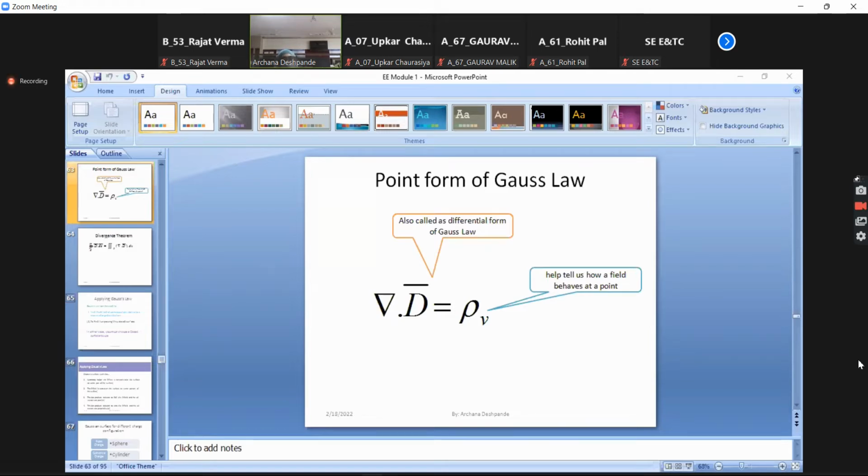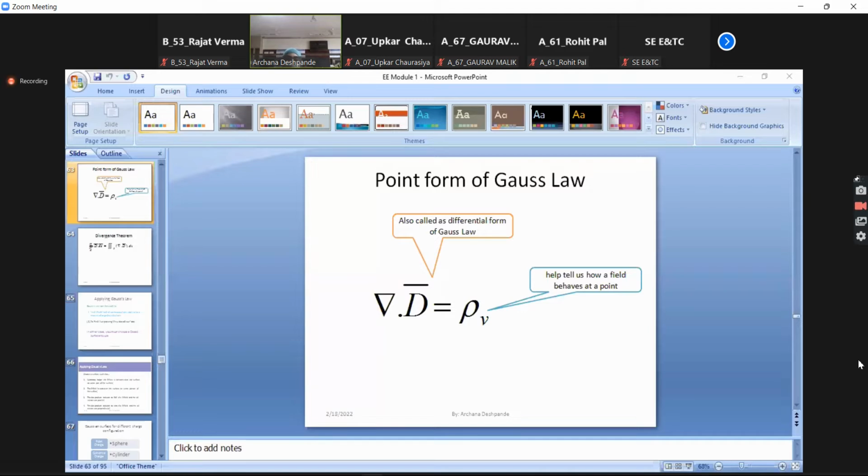For that, you go for Gauss law. Using Gauss law, you can calculate the electric field at any point even though you do not know its coordinates. But you have to consider a Gaussian surface passing through that point, because Gauss law is applicable only to closed surfaces.